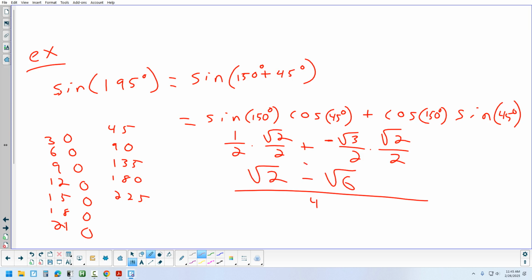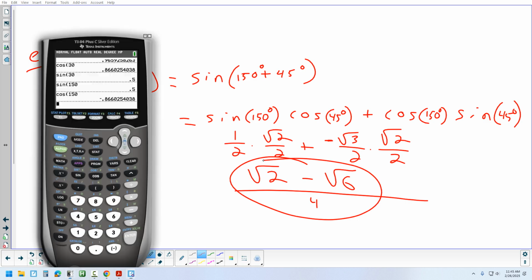Square root of x. Okay, I'll check that one just so you can see that I'm actually telling you the truth. So that's the sine of 195. And now if you do the square root of 2 minus square root of 6, I messed up, I hit something.